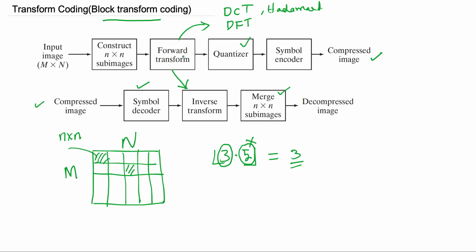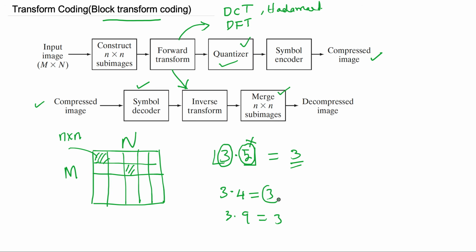When you compare these two blocks, we have 4 different sections in the compression process, but we have only 3 different sections in the decompression process. The part that is missing is the inverse of the quantizer. We cannot have an inverse operation for the quantizer because we will be truncating the value 3.4 to 3, and we will be truncating the value 3.9 to 3.